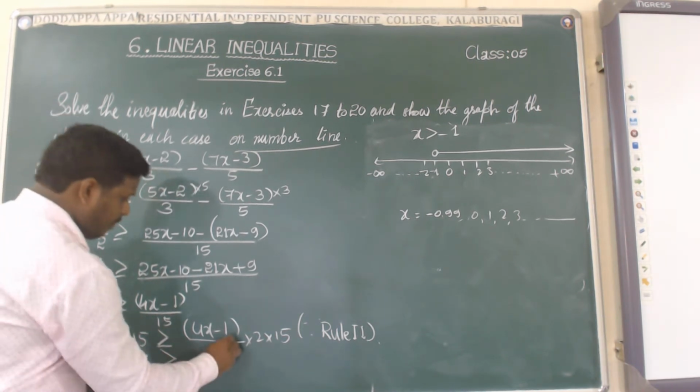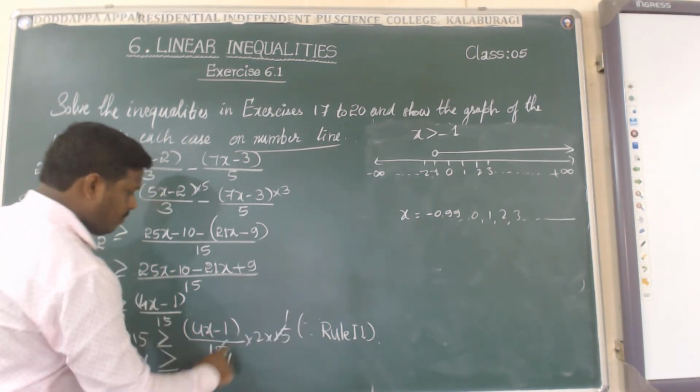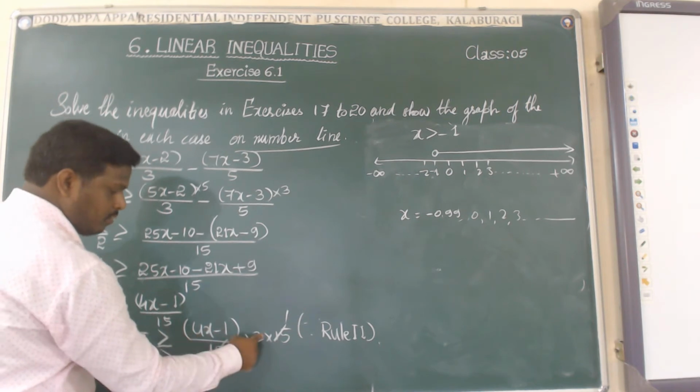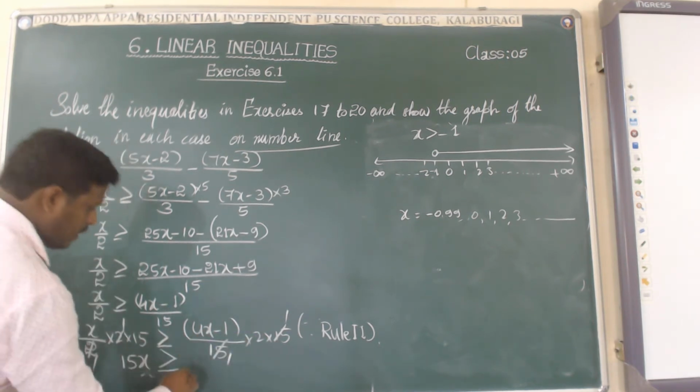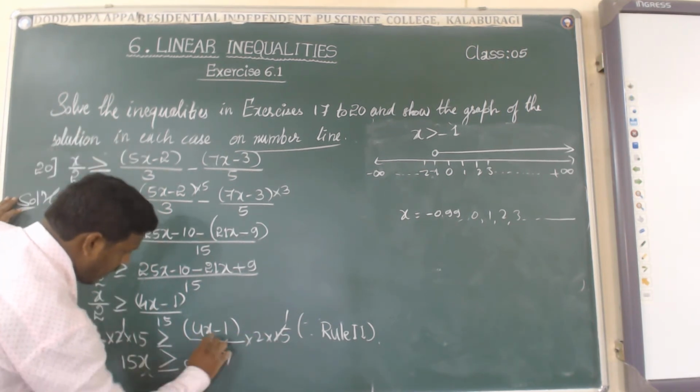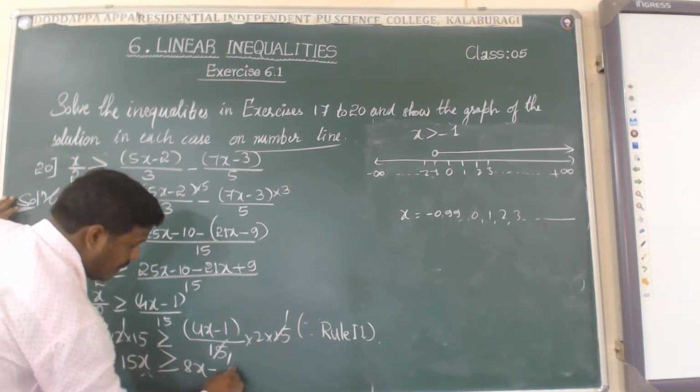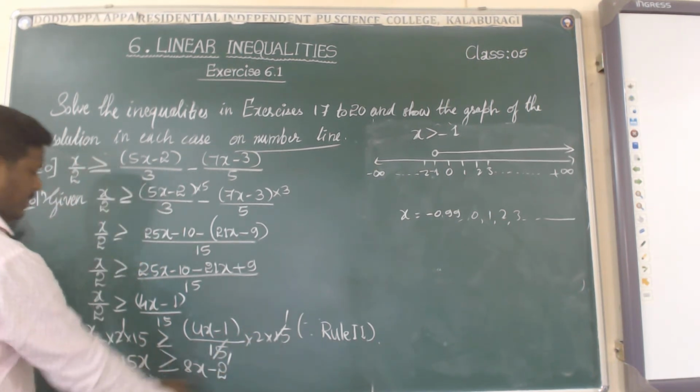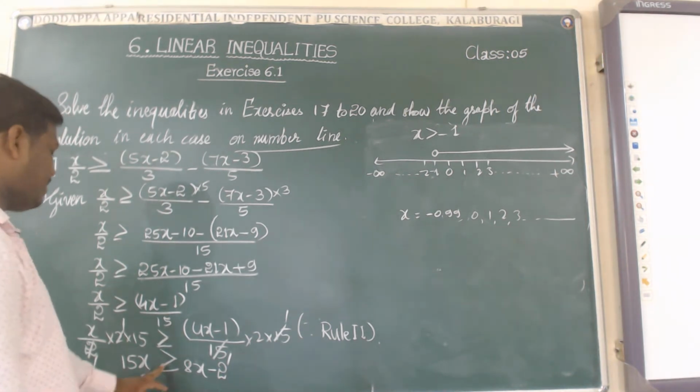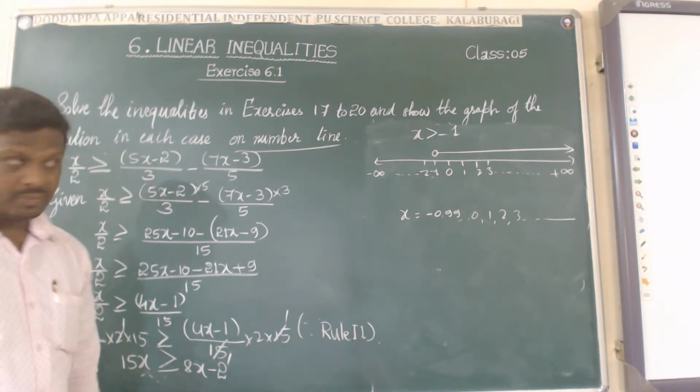Here also 15 on the 15, 15 on the 15. What is left? 2 is left. You have to multiply 2 to these two terms. 2 4s are 8x, and minus 1 into 2. This is the next step: 15x is more than or equal to 8x minus 2.